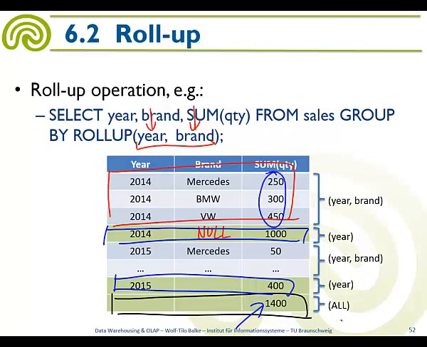Well, I take the quantities from here and here, sum them up, and this is the apex. Everything that has ever been produced. How do I compute the 1000 here? Well, this is by just adding up those, right? Because it's a subtotal of a partition. Okay? Clear what a roll-up does? Good.